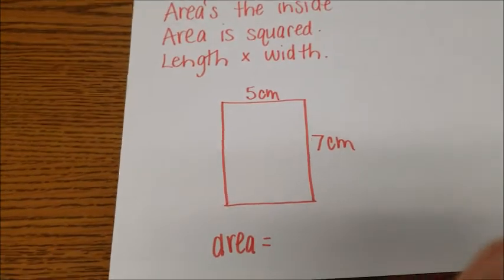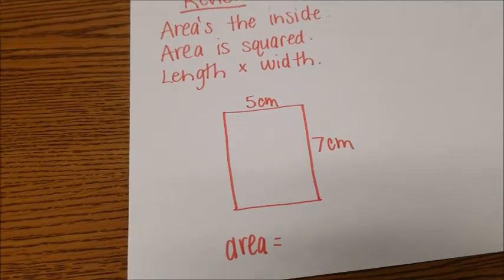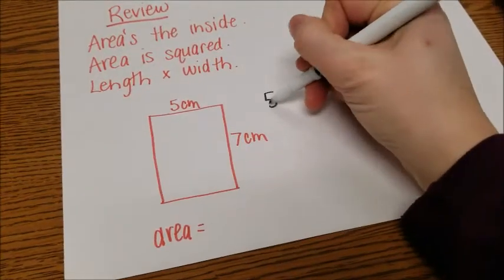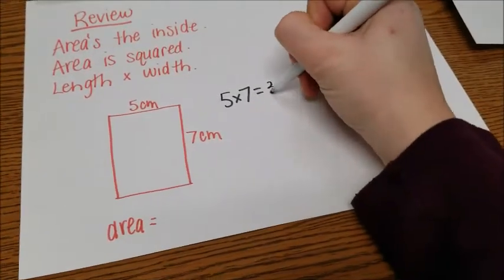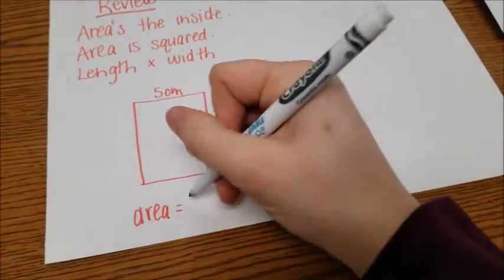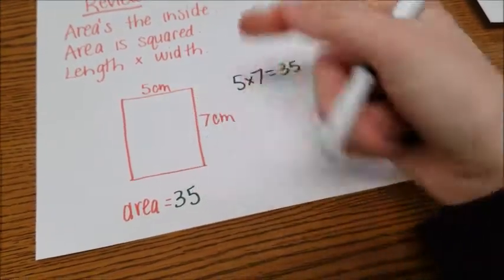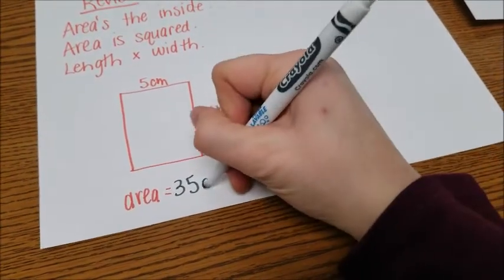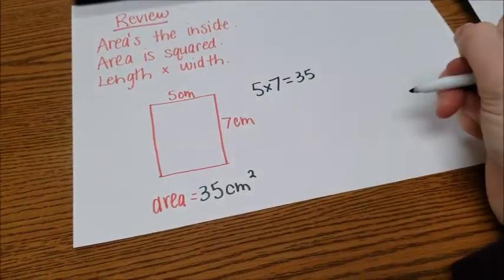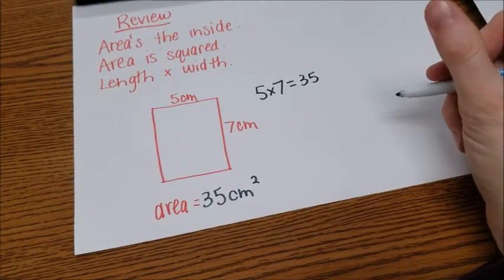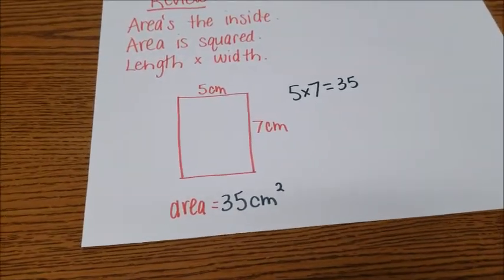So 5 times 7, and to find the area, count by 5s, 7 times, it would be 35. So then for the answer, it would be 35 with the unit, which is centimeters. And then, as we said up here, it's squared. So 35 centimeters squared. So that's how you just do plain old area.